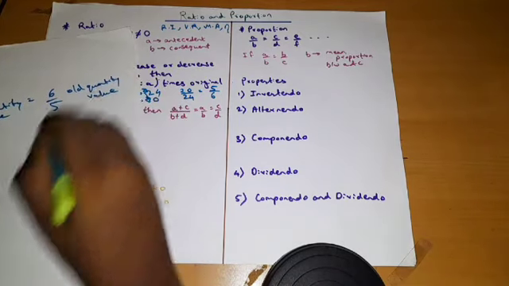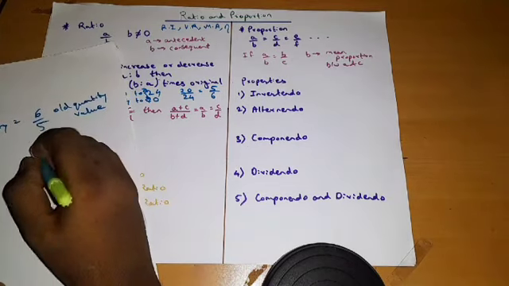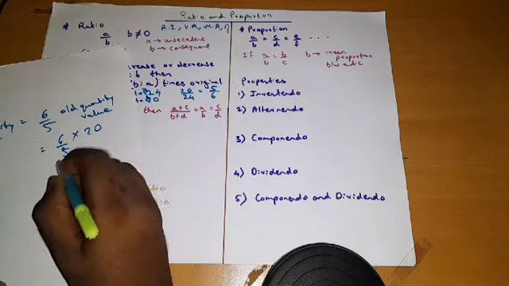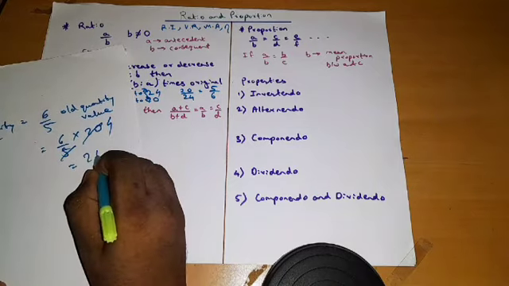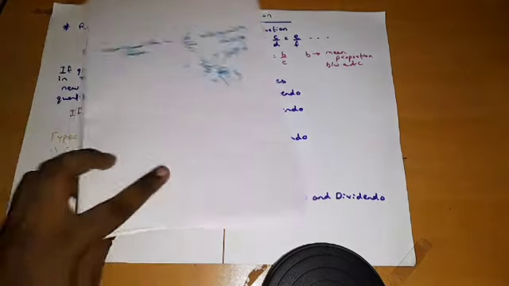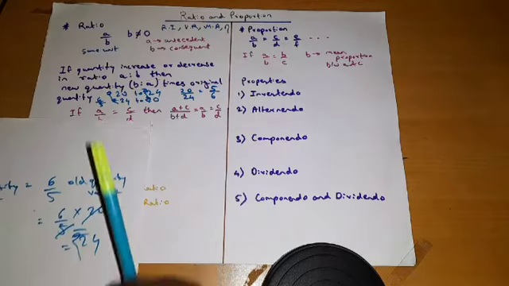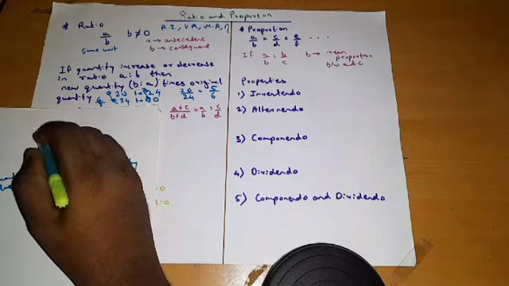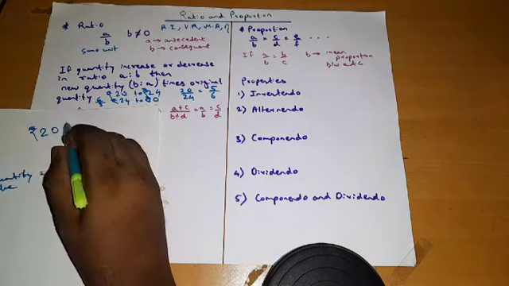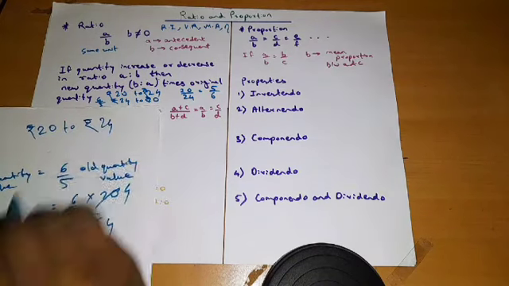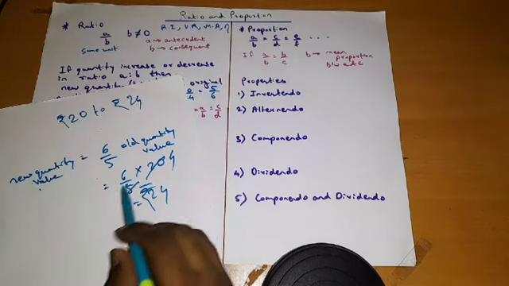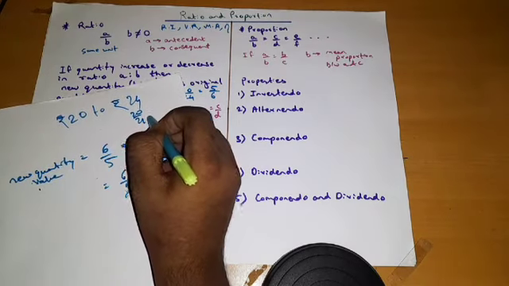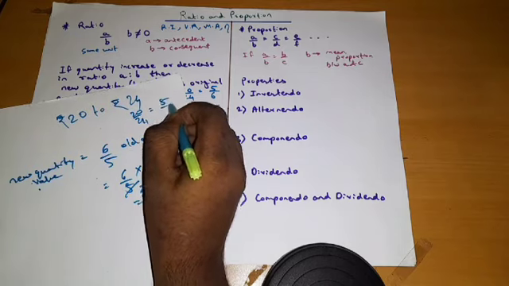What is the old quantity value? 6 by 5 times 20. 5 fours are 20, 6 fours are 24 rupees. The statement means this only. If a quantity increases or decreases in the ratio a is to b, meaning the price which was rupees 20 has now increased to rupees 24, then the new quantity value will be the reciprocal of the ratio. 20 by 24 is 5 by 6.